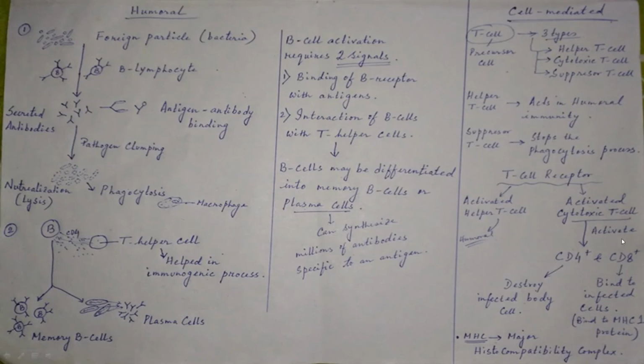So activated means CD4 plus and CD8 plus, two types of strong proteins are being secreted. Now what do they do? CD4 plus destroys the infected body cells. All the infected cells in our body are destroyed by this protein.